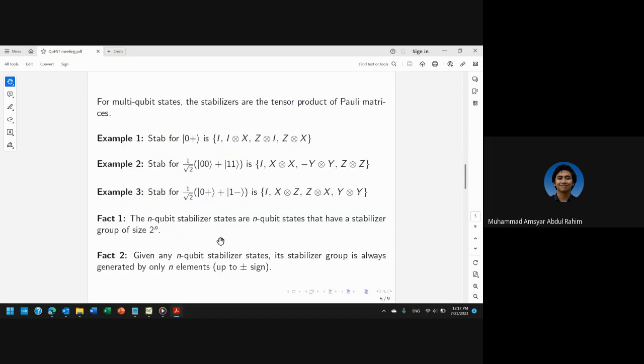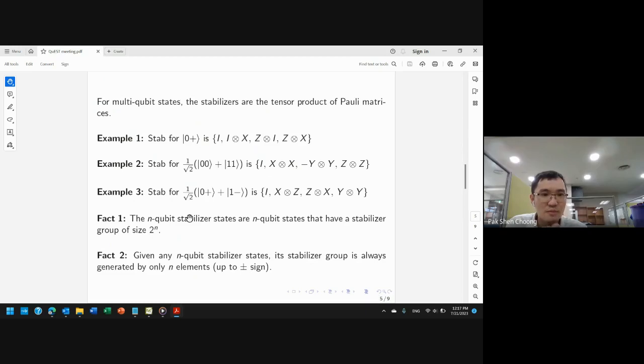At the next slide, what is the meaning of the fact, the n-qubit stabilizer states? I thought it is an operator. Meaning the stabilizer states have n qubits.